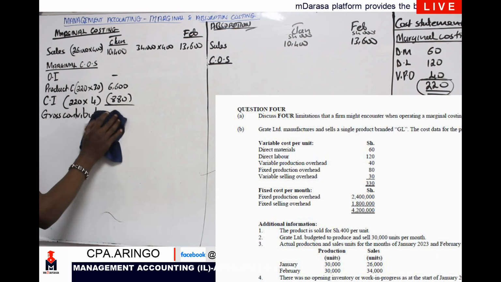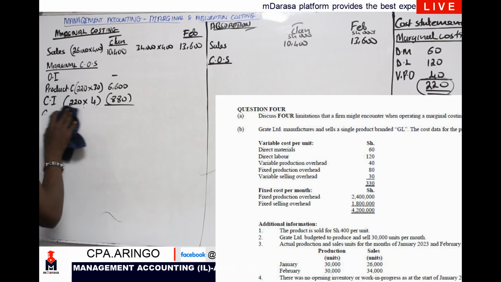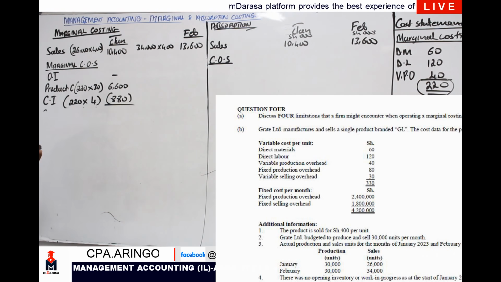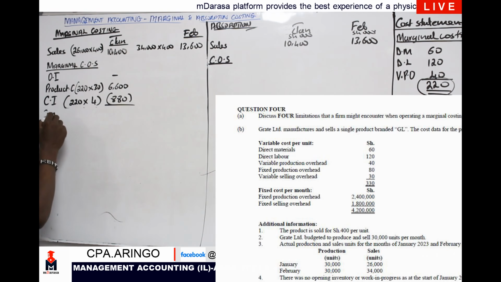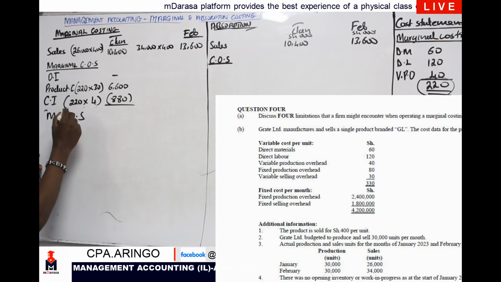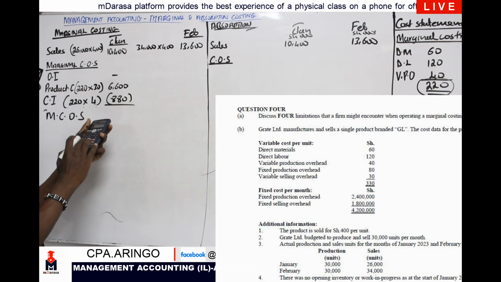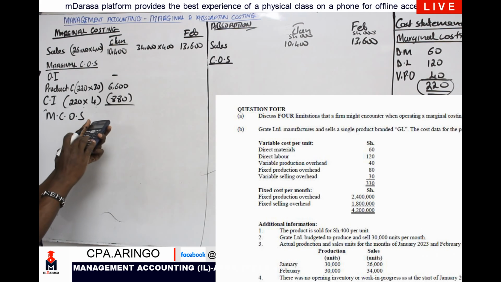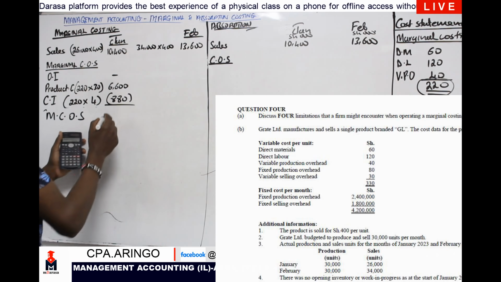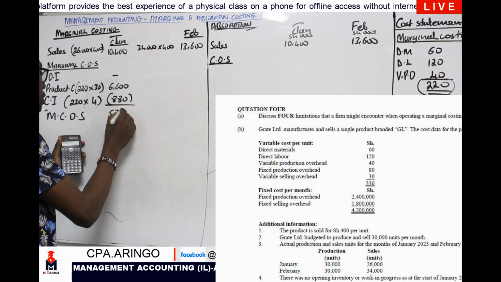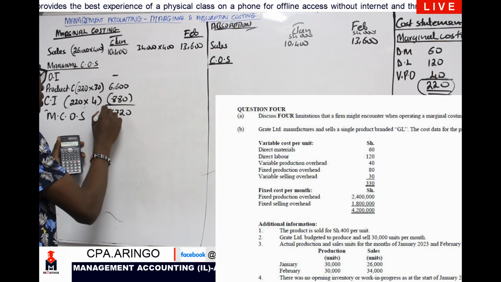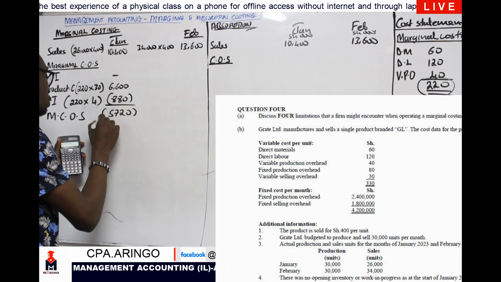We start first of all by determining our marginal cost of sales. Marginal cost of sales, 6.6 minus 880, I'm having 5,720. So that this will give us our marginal cost of sales.